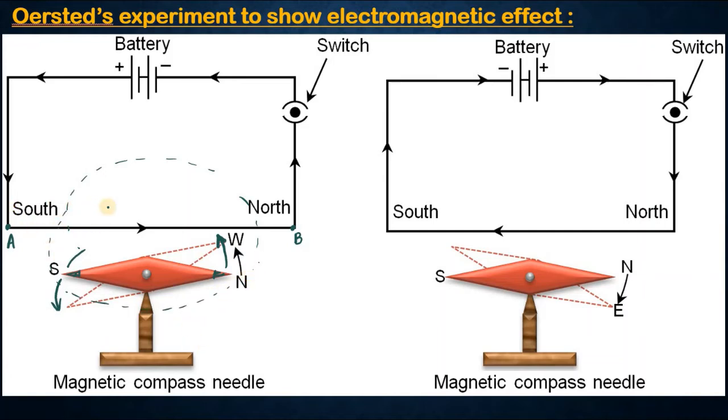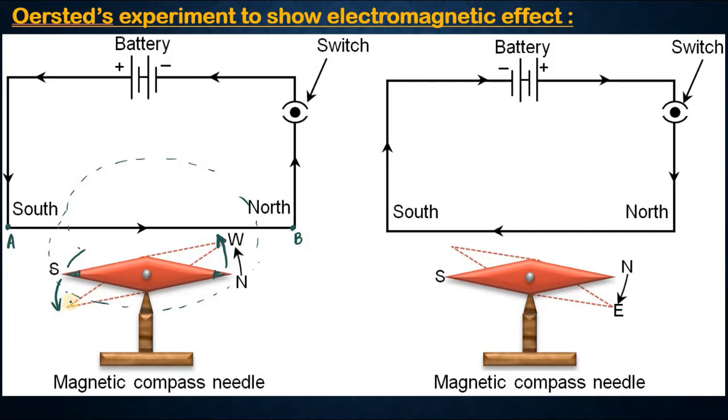Due to the flow of current through the conductor, he concluded that the magnetic field will be created around the conductor. And under the influence of that magnetic field, the needle deflects.